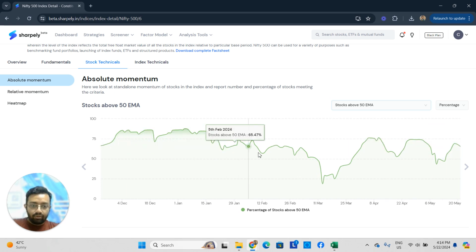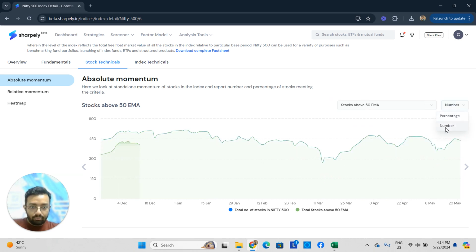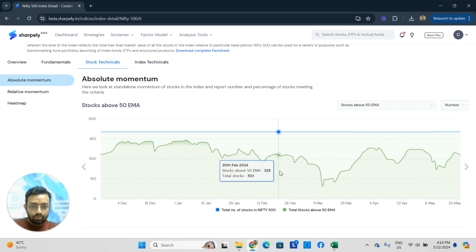But before that, we had a gradual fall and then we have a steep rise. So higher the number, the stronger the index is. And you can also look at the actual numbers as well. So out of 501, we had a dip at 11th of March, and since then we have improved.